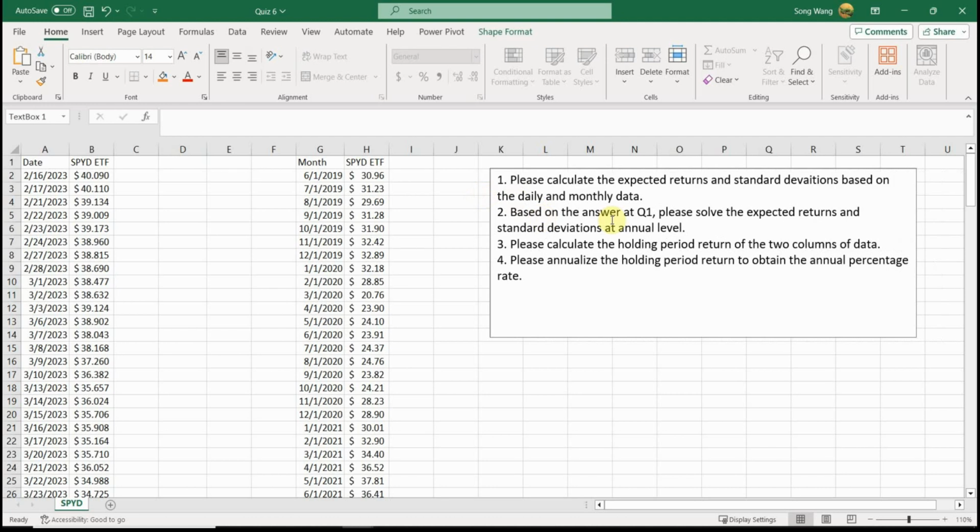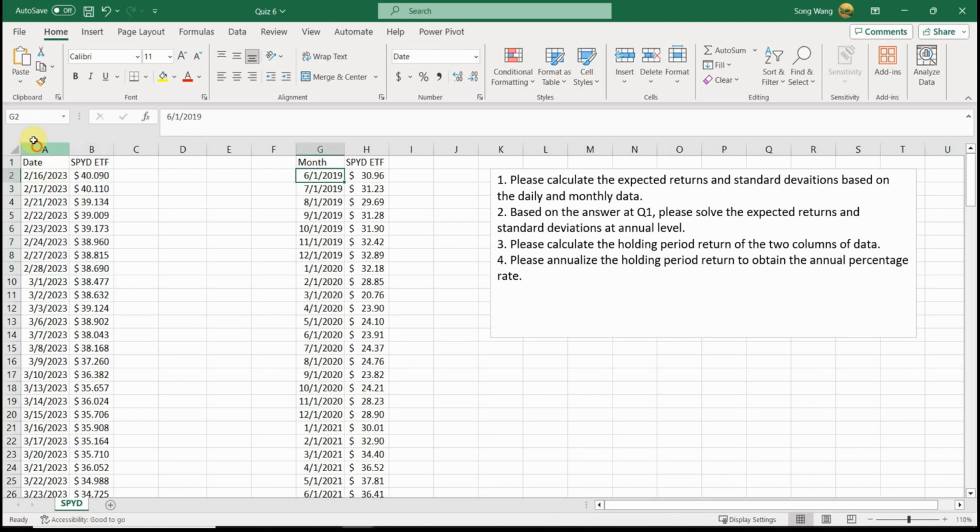I just put it here to give you some extra practice so you can be better prepared for your midterm exam. All right, so you can see right here, you have the daily data for the SPDR ETF. Once again, SPYD is the Standard & Poor 500 Index High Dividend Yield ETF.